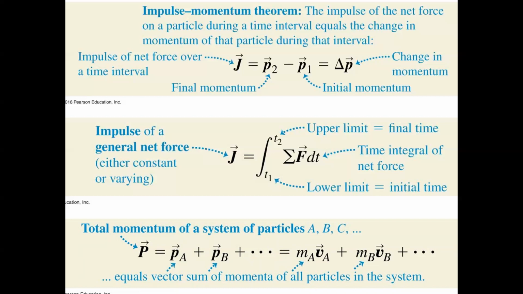Let's say there are particles A, B, C, D. The individual momenta could be PA, PB, PC, and so on. And total momentum P, represented by capital P, will be equal to PA plus PB plus so on. This can again be put in the form of mass times velocity, because the definition of momentum is mass times velocity.